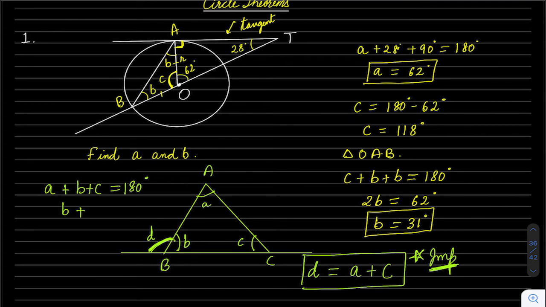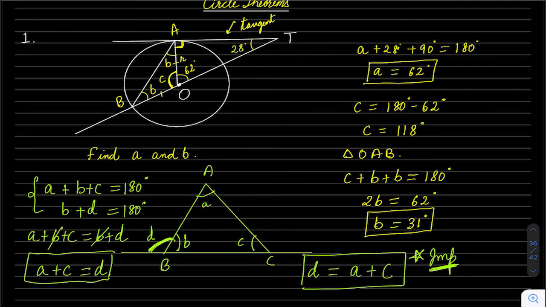And we know B plus D is also 180. So from these two equations, I can say A plus B plus C should be equal to B plus D. So if I cancel my B, I am getting A plus C is equal to D.